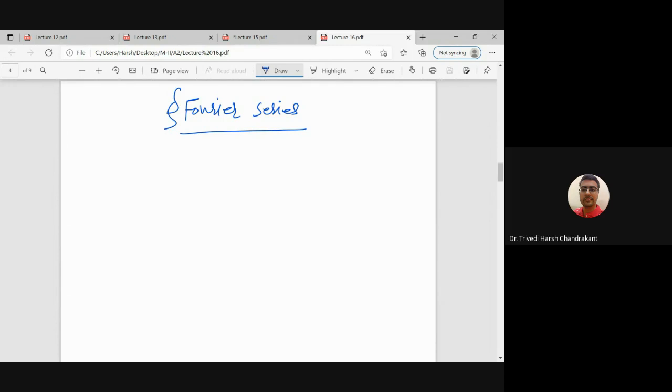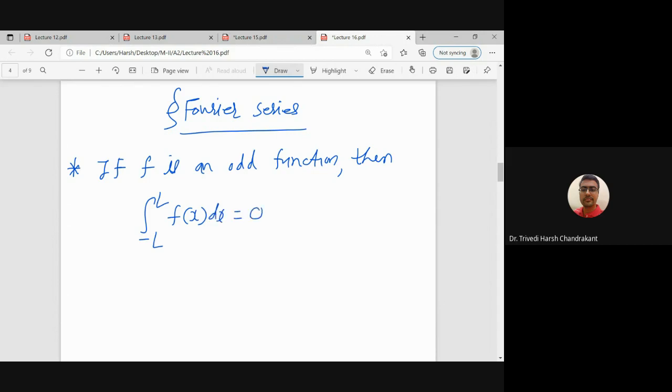So we know what are odd functions and even functions, and we know that if a given function is odd, then by simple properties of the integral, if we integrate over the interval minus L to L, we get the value to be 0, right?